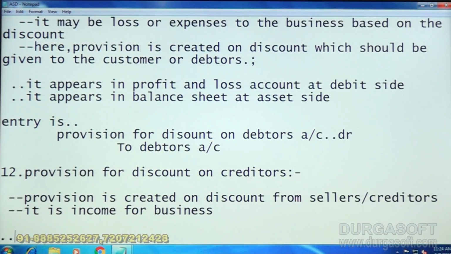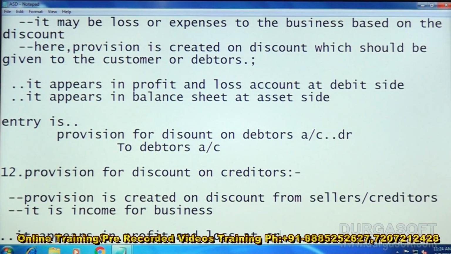Okay, it appears in profit and loss at the credit side.